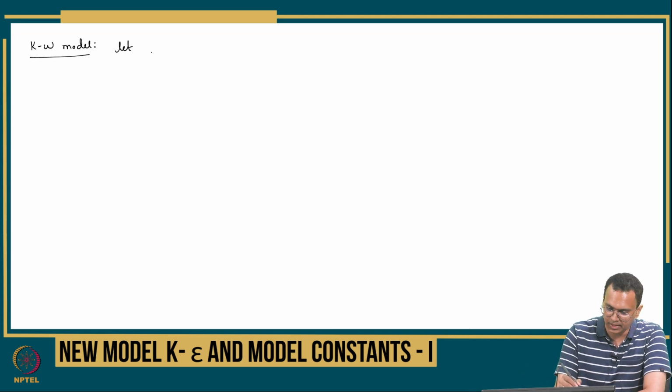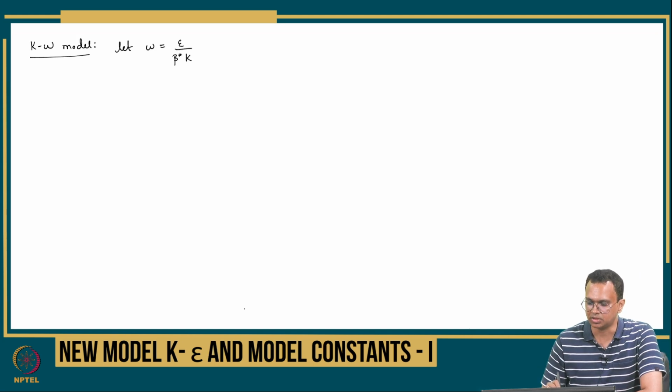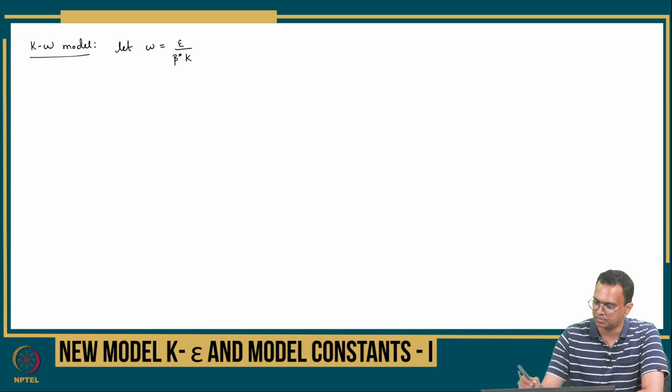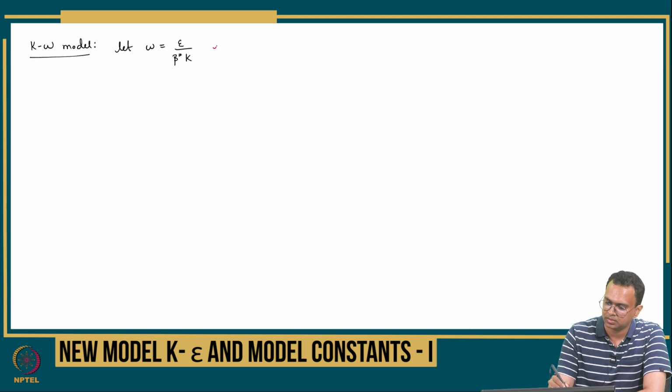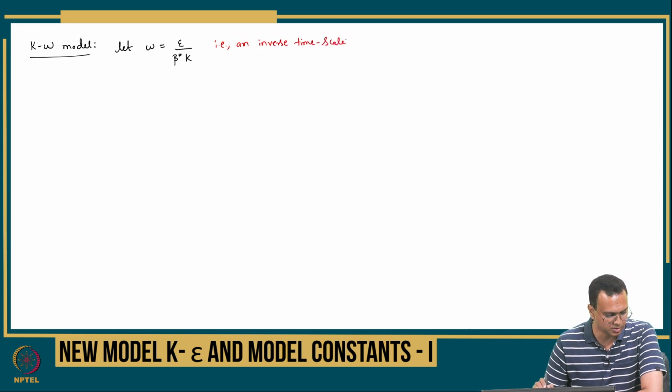Okay, so let omega be equal to epsilon by beta star K. So beta star is a constant, so epsilon by K is essentially giving an inverse time scale, the turbulent time scale only, epsilon by K.